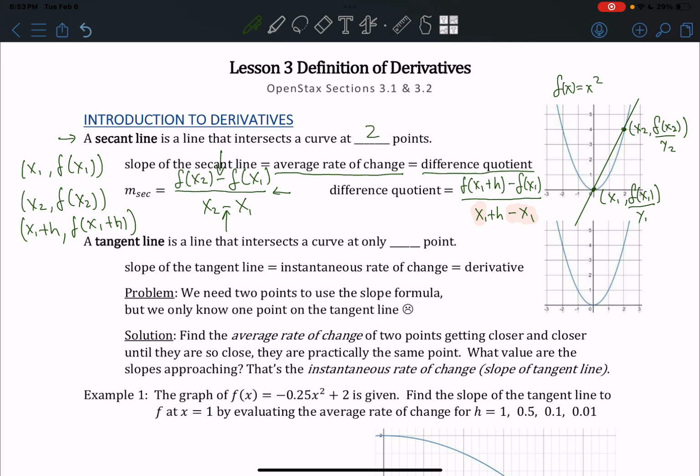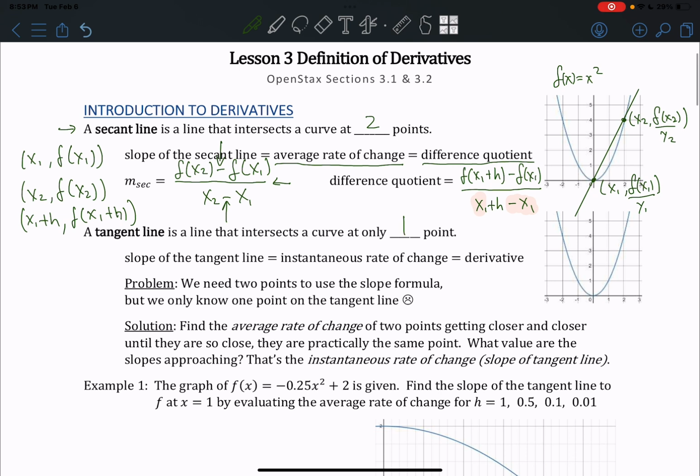Once we understand what the secant line is, we can move on to what we know as the tangent line. A tangent line is a line that intersects the curve at only one point, right? So if we're working with the tangent line at (1, 1), then the line intersects at just that one point right here.